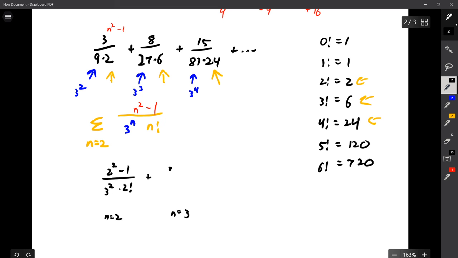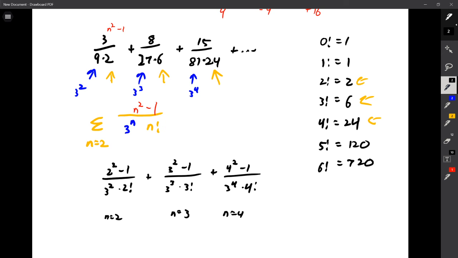That would be plus 3 squared minus 1 over 3 to the 3rd times 3 factorial, and then when n equals 4, I have plus 4 squared minus 1 over 3 to the 4th times 4 factorial.